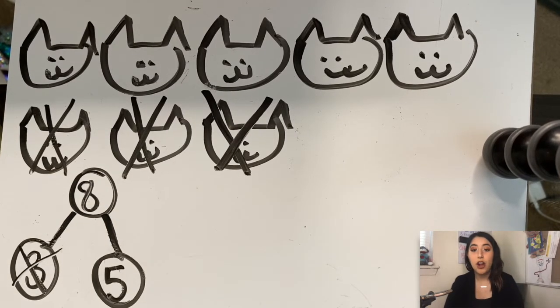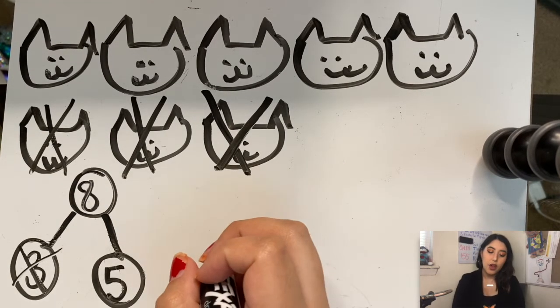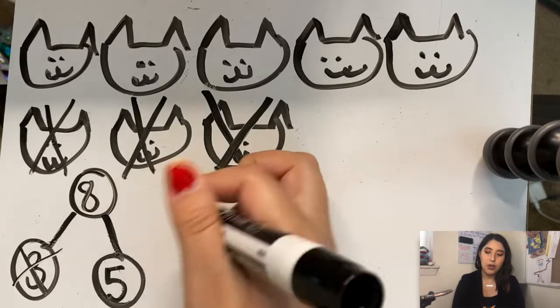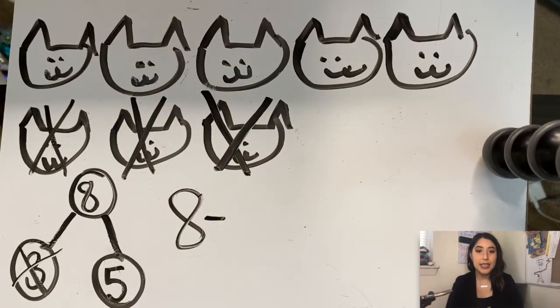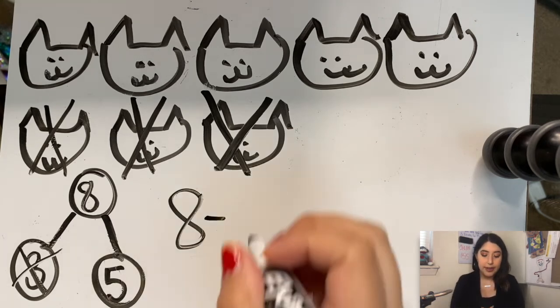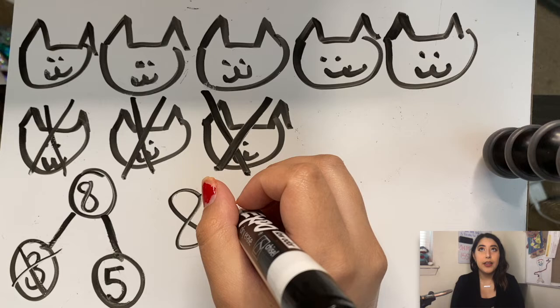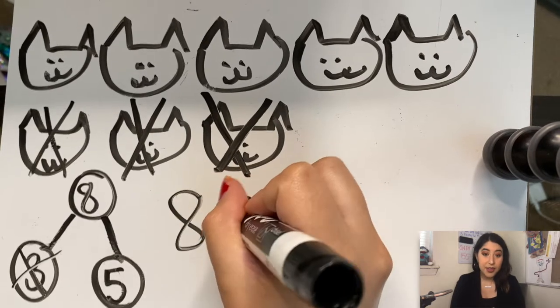Now we're going to create our number sentence, our subtraction sentence. We always start with our whole number, the number we started with. We use our minus because minus means take away. And how many did we take away? 3.